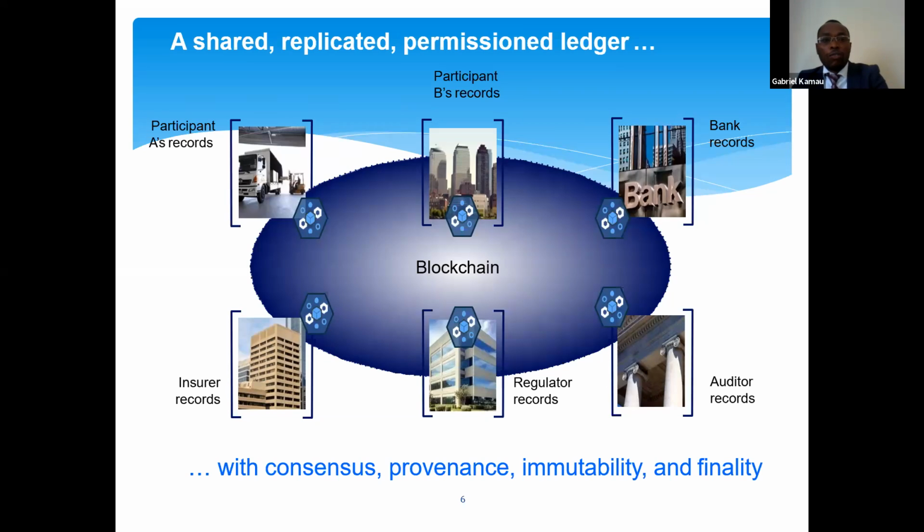Another key characteristic of this duplicated permissioned ledger is consensus. There is an agreement between different participants. So ideally, what I mean is that you create a blockchain architecture whereby the patients, the banks, the auditors can access data using this architecture.